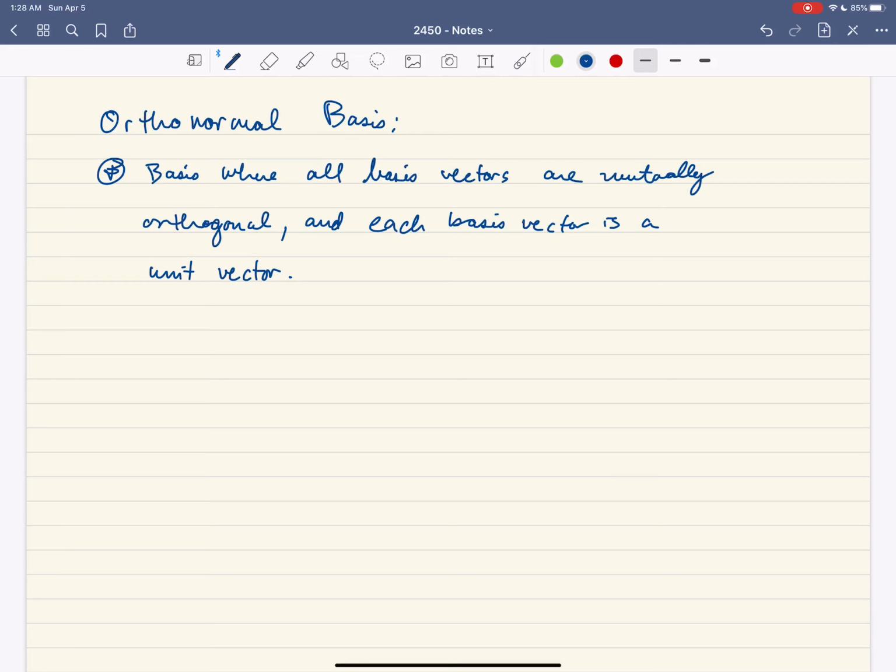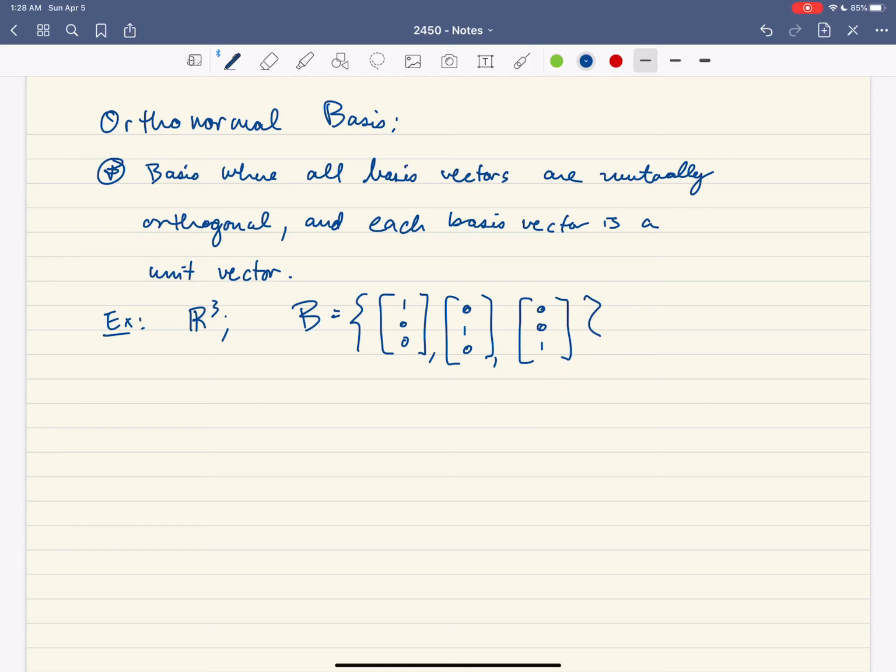So orthonormal bases are the nicest bases that you can possibly work with. And so, for example, when you think about the standard basis in, say, R3, you'd end up with 1, 0, 0, so i, j, and k. Right, 1, 0, 0, 0, 1, 0, 0, 0, 1.